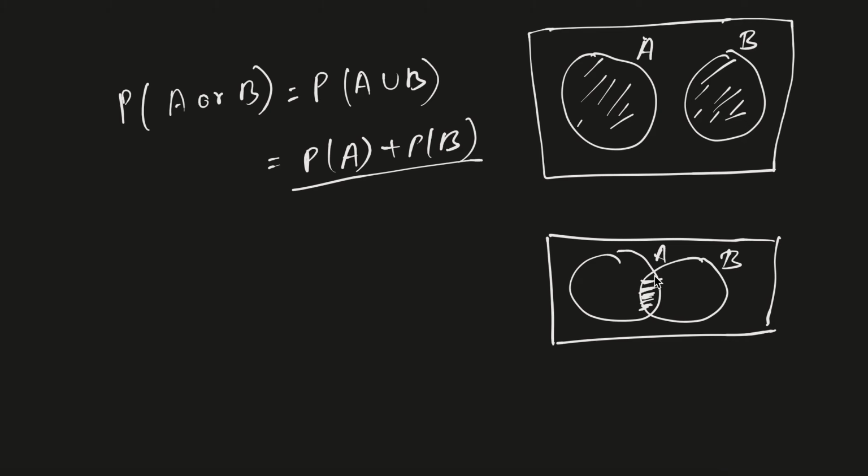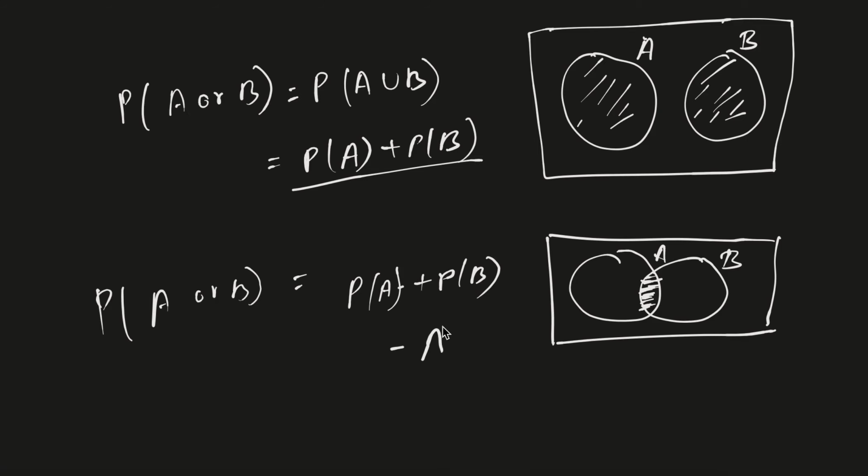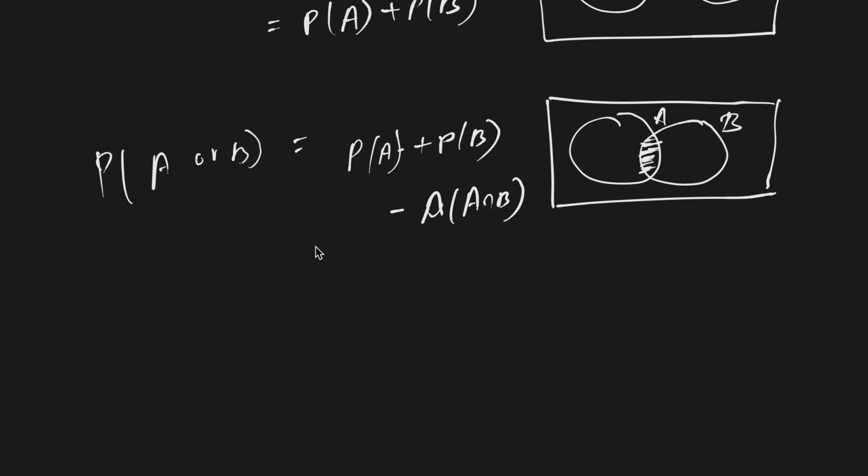But now here, when you perform addition for the probability of A or B, probability of A plus the probability of B is going to generate this extra redundant intersection. So I've got to remove the probability of my intersection, A intersection B, and this right here is what we call the addition rule.